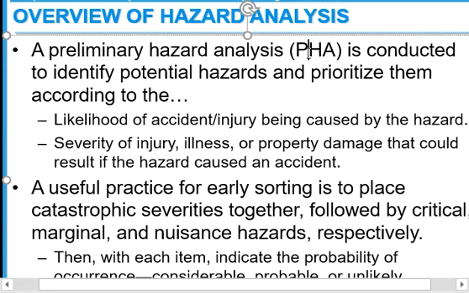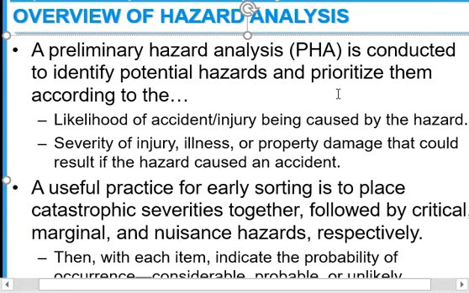PHA, preliminary hazard analysis. Okay, when I need to conduct such kind of analysis, we need it to identify potential hazards. There is a potential that this is a hazard to the maintenance guys, to the employees, to the workers.